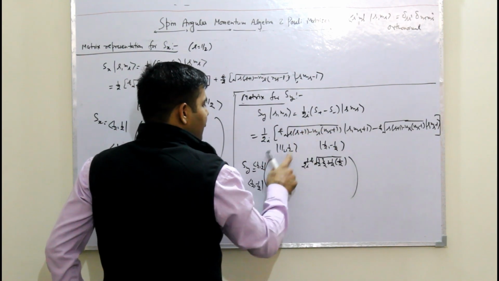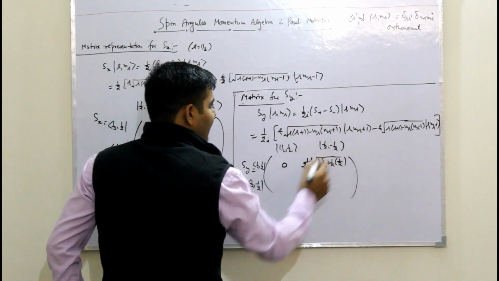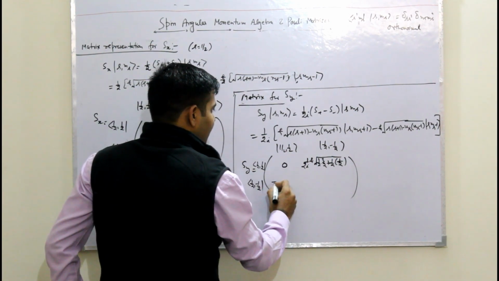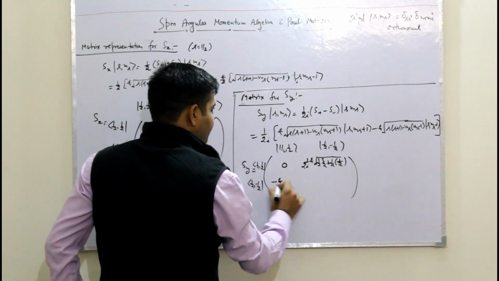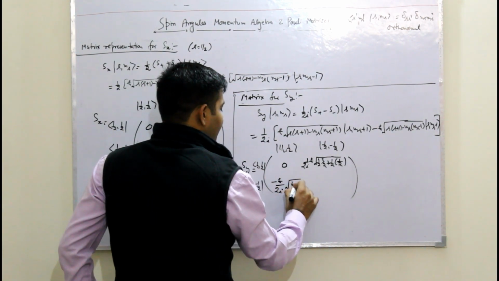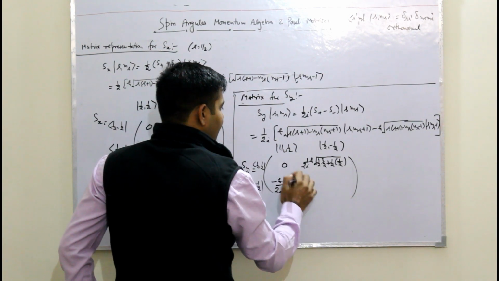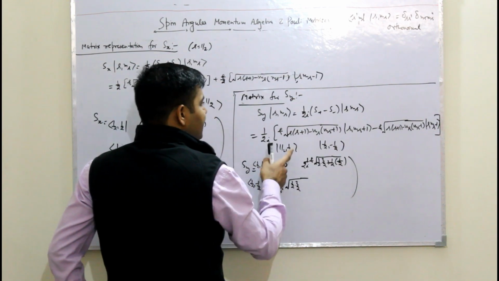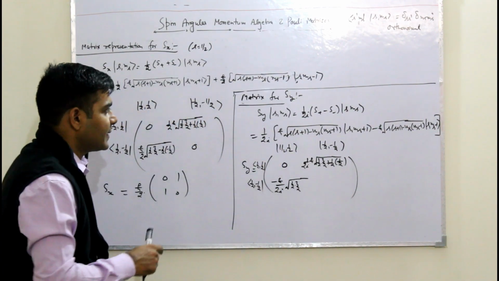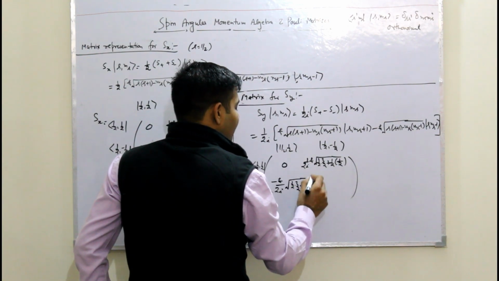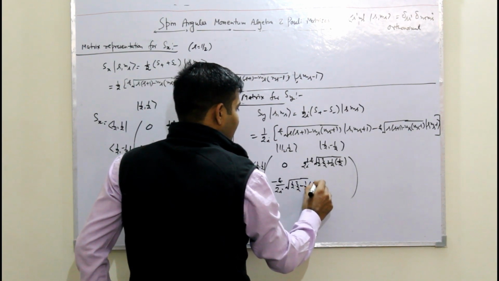When S minus acts on this, it will give a non-zero value, and the value would be minus h cross by 2 iota, and under the root S is half, so half into 3 by 2, and MS is plus half in this case, because S minus is acting on this, so minus half into half minus 1, which is minus half again.